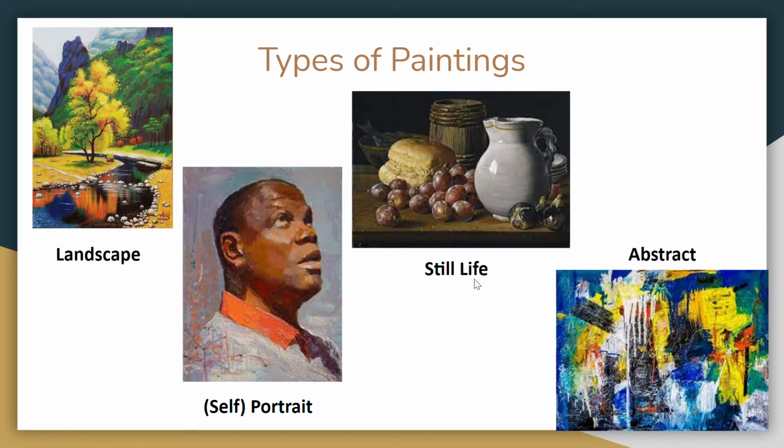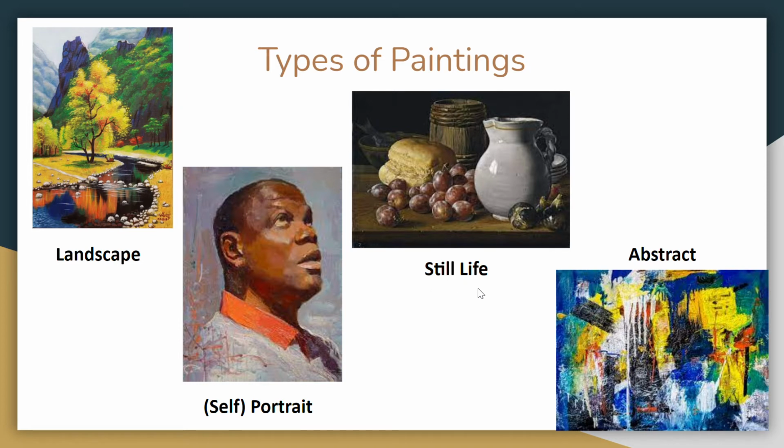Your water bottle, your phone, your glasses, your house, your video games, your TV. You could draw that, you could paint that, and it would be a still life. So still life is just anything that is not a person and not nature.